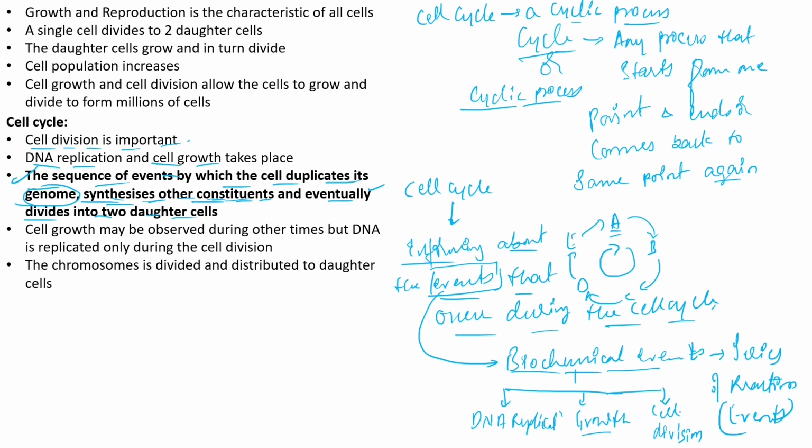Hence we call them biochemical events. The sequence by which the cell duplicates its genome, synthesizes other nutrients, and eventually divides into two daughter cells is called a cell cycle. This is the definition of the cell cycle.